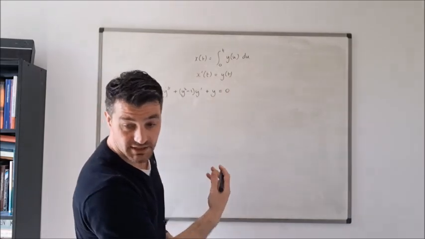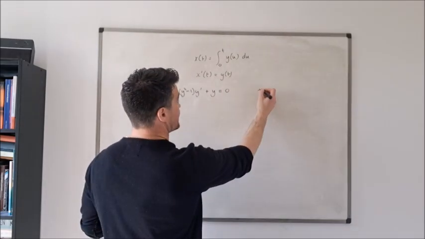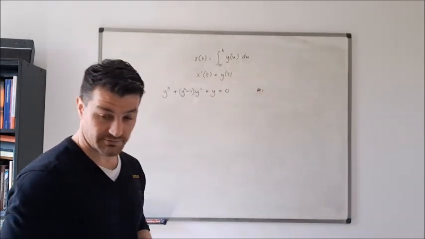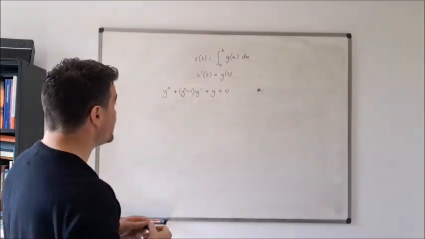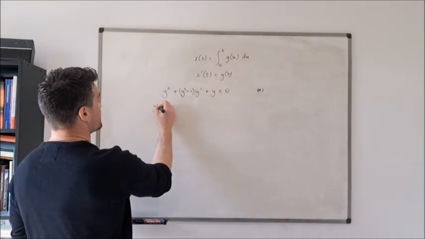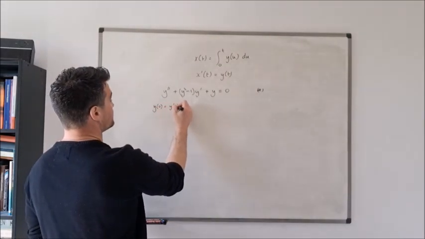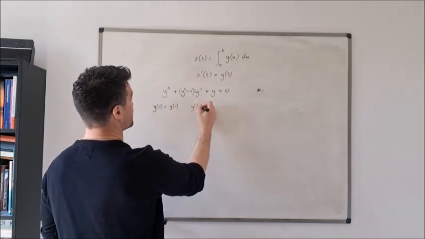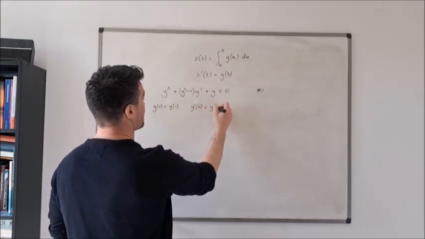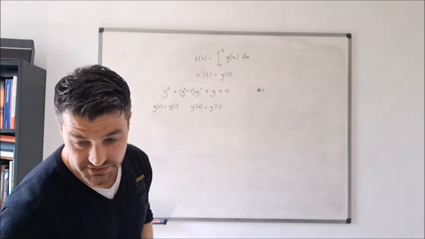This is denoted by star or asterisk, whatever you prefer, with the conditions that y of 0 is equal to y of 1 and y primed of 0 is equal to y primed of 1, very important.